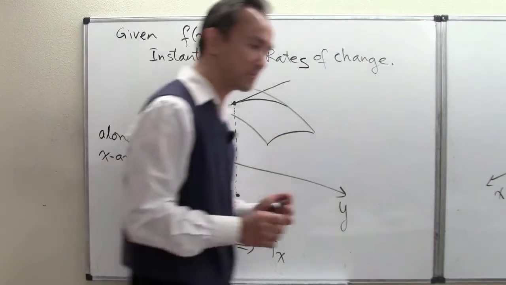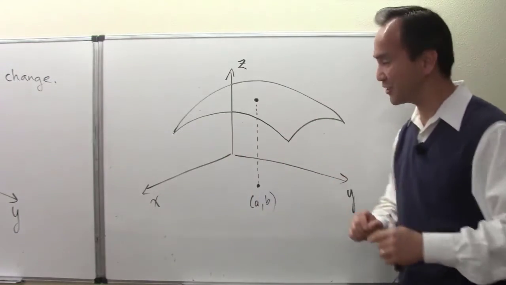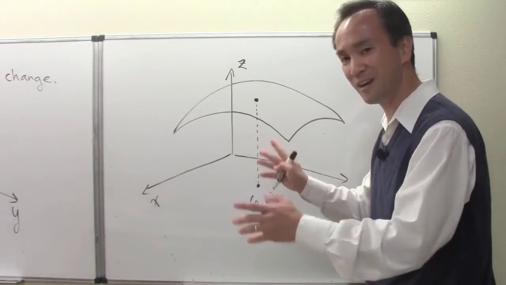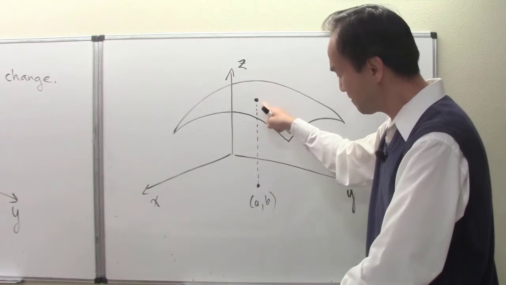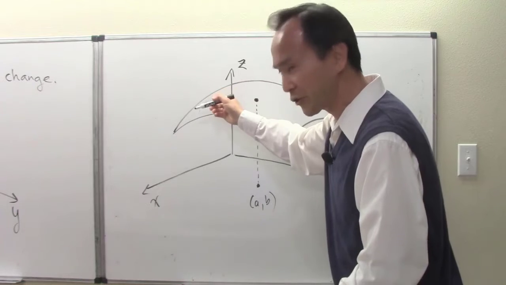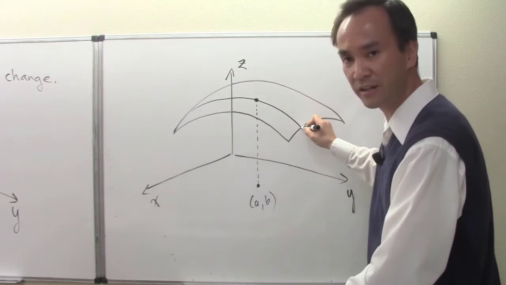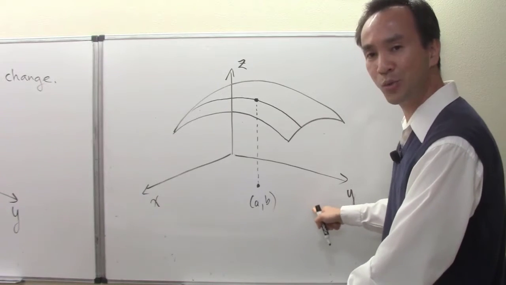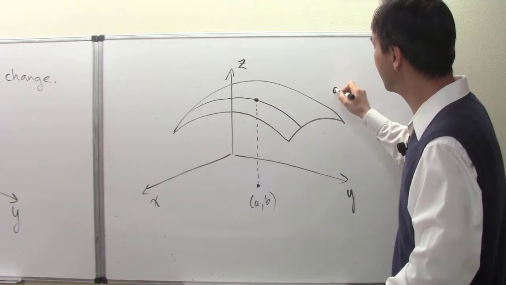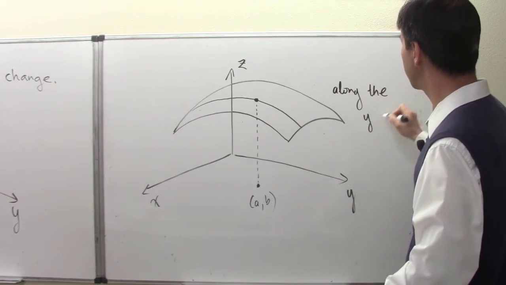Now, the same picture. This is the reason why I created two exact copies of the same picture over here. The same point, the same picture. We can surely have a tracing curve that is parallel and along the y-axis, and my picture is right here.